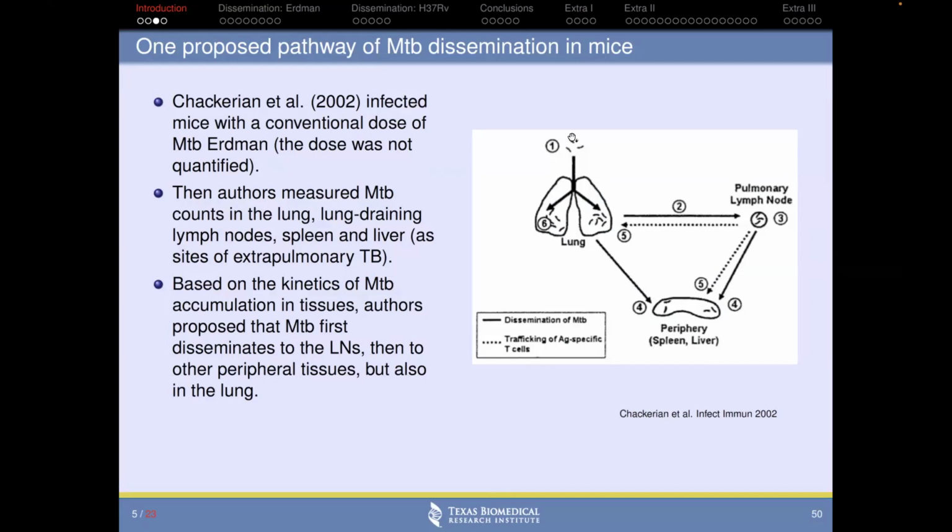So initially, bacteria are in the lung, then they disseminate into pulmonary lymph nodes, and then from lymph nodes, they seed into the peripheral tissues, but perhaps the lung also has some distribution of bacteria into the peripheral lymph nodes. And then you also have migration of the antigen immune response to the bacteria.